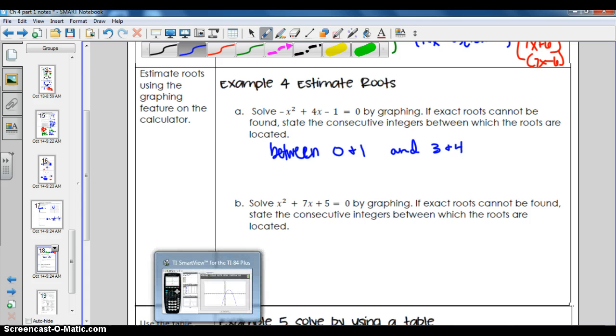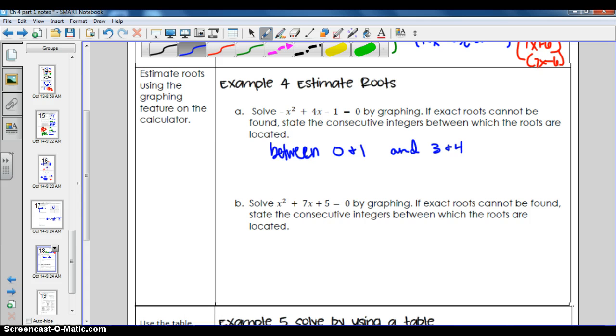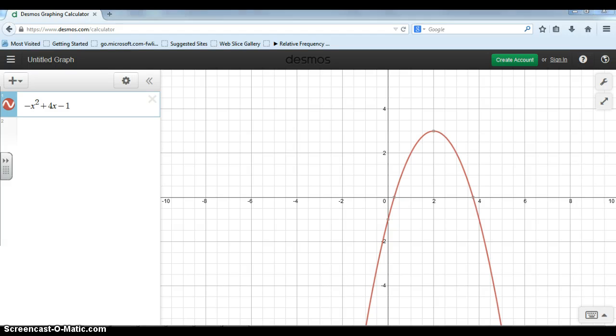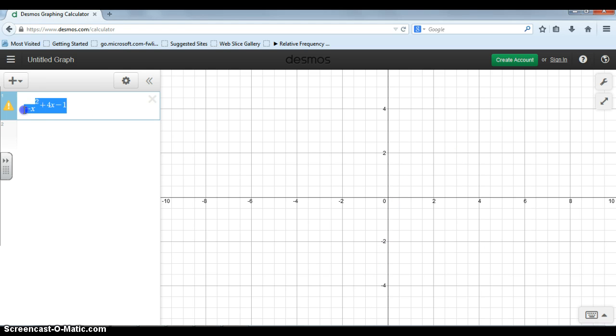You can either do it on your graphing calculator or you can go to Desmos. So here is the Desmos. So if you go to desmos.com, you click just the graph button, and then you type in negative x squared. And in order to do the x squared, you're actually going to want to do kind of the little upside down. So if you go negative, well, maybe. No, it's not working for me.